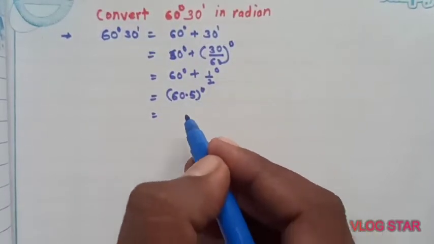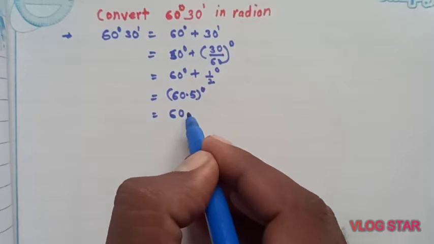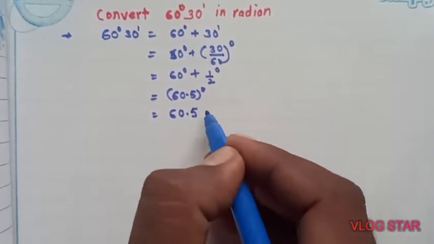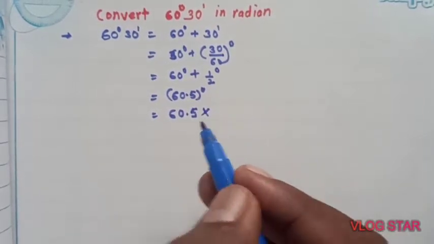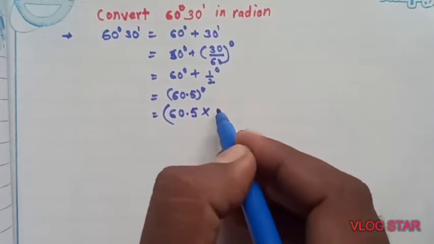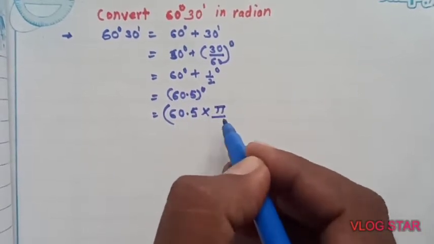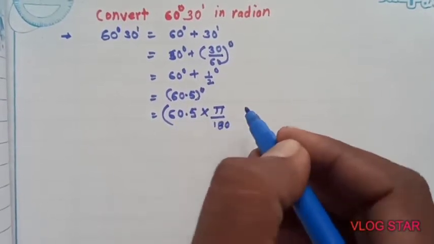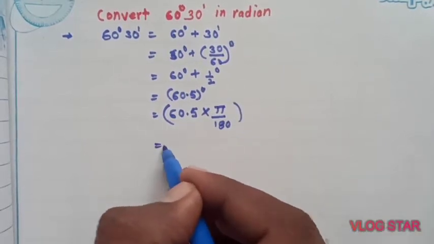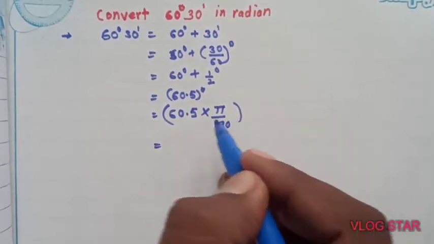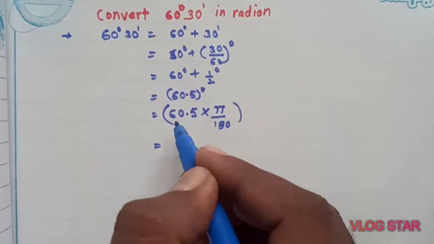Once you get the answer in decimal, now your task is to convert it into radian. The multiplicative factor to convert it into radian is pi by 180. Whatever answer, reduce it and write. So perform reduction.